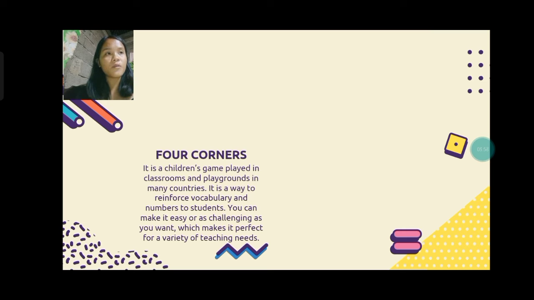Sa first corner, tatawagin natin banana group. Second, apple. Third, pineapple. And fourth, strawberry. Kung ano yung nabunutan na fruits, tapos kung sino yung nandun, tanggal na sila, wala na sila sa laro. So that's 4 corners.